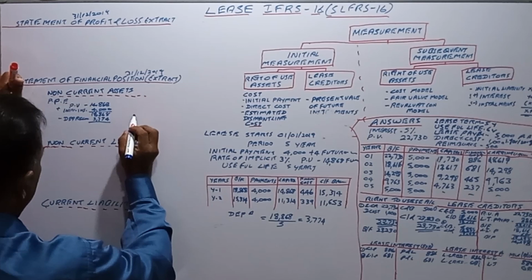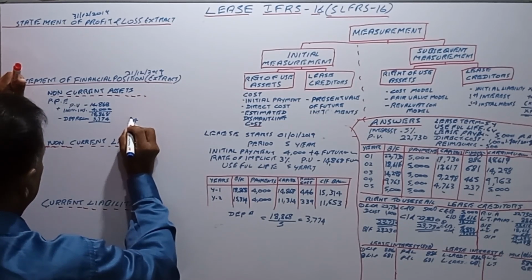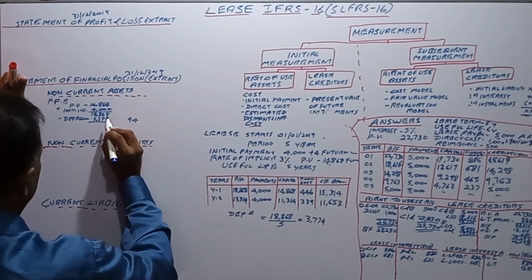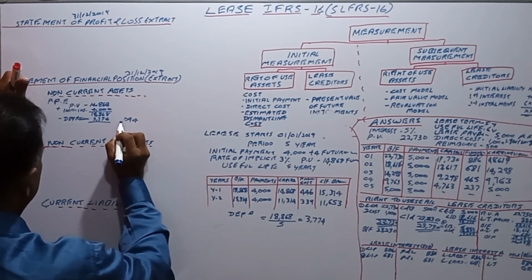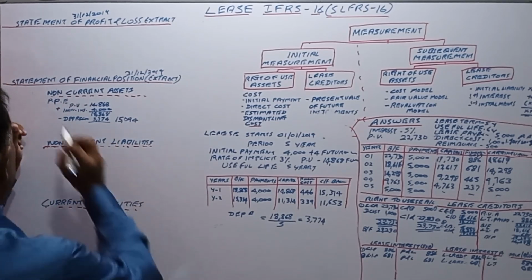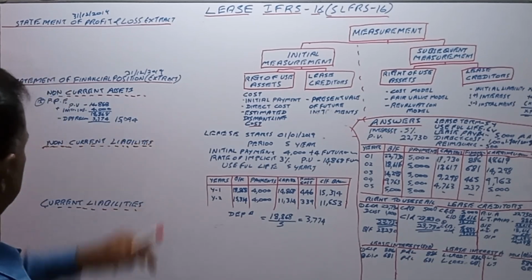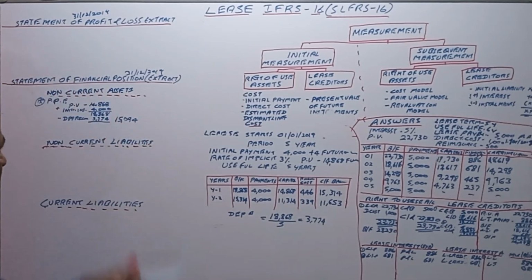The amount is 15,094. Property, plant, and equipment of 15,094 is shown under the non-current assets.